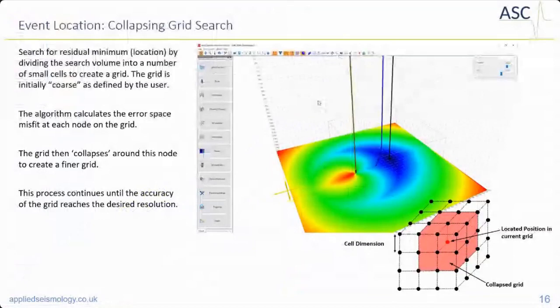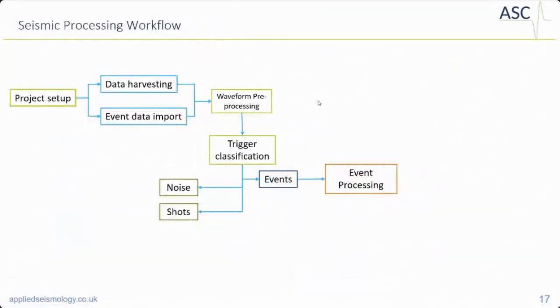So let's move on. Once we have the basic results for our events, which is the location of our events, and automatically it has calculated source parameters for it, such as magnitude, depending on the sensors we were using, if they're calibrated or not, it will be able to calculate an absolute magnitude.